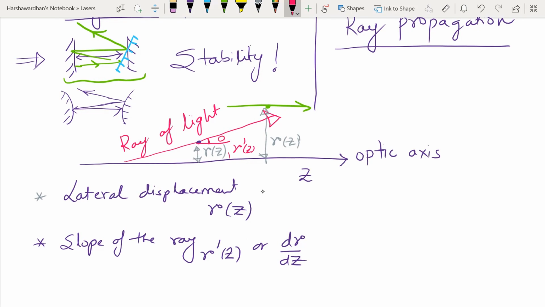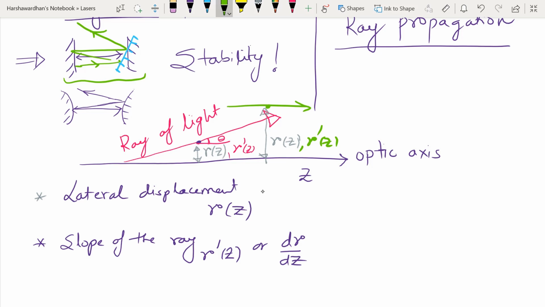This angle theta is what is given by the slope with respect to the z-axis. Similarly, the green ray has got an r prime of z which I associate with it. So these are the two quantities that are sufficient for me to uniquely characterize the ray.